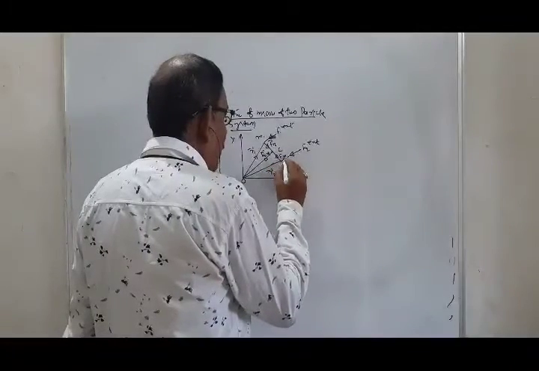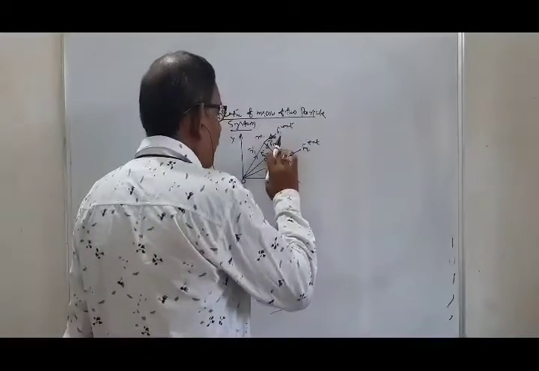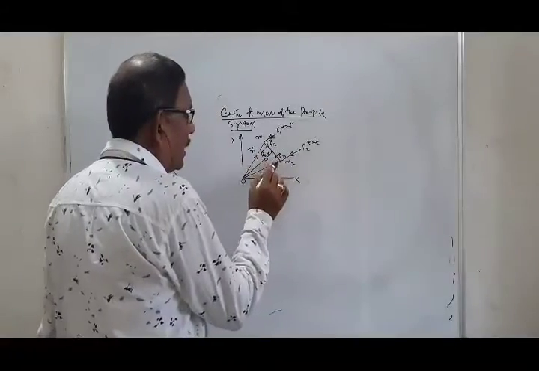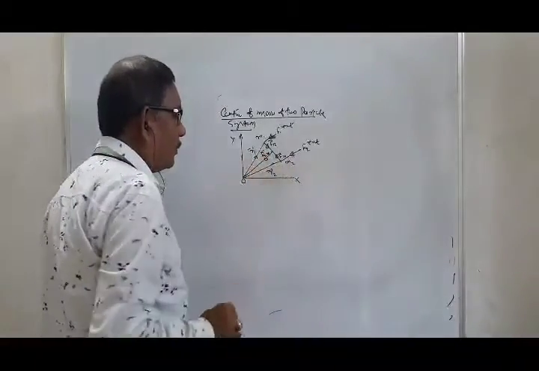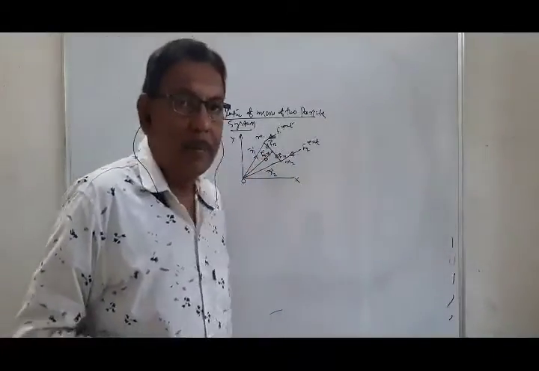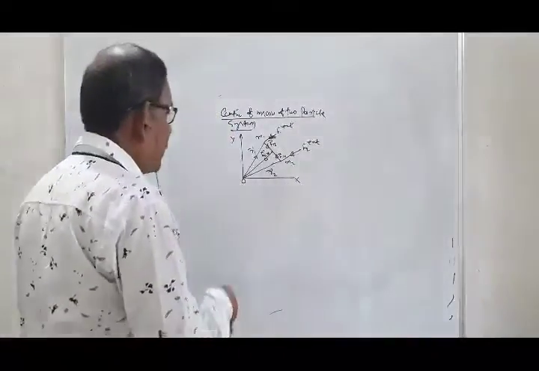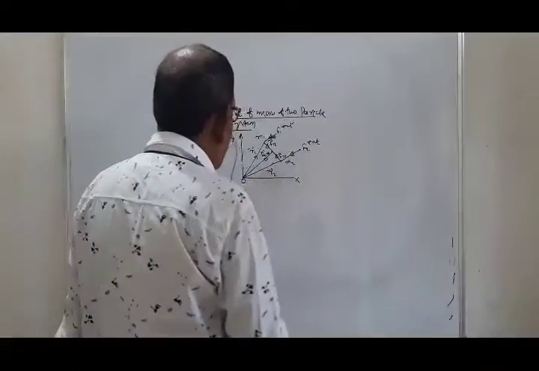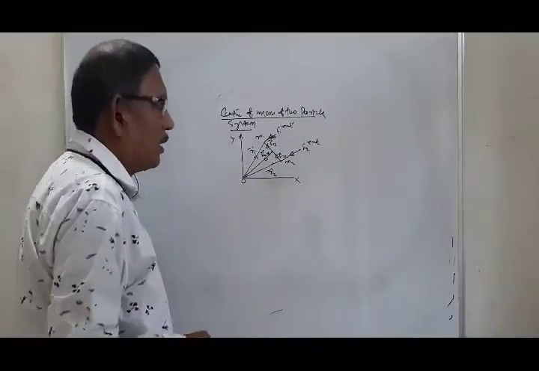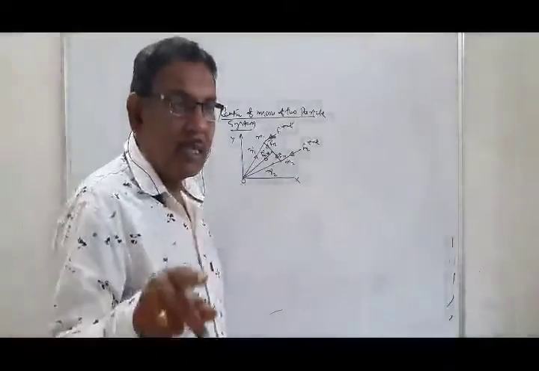F21 acts in the reverse direction of F12. The sum of F12 and F21 equals 0. So this is the figure of the two particle system to determine the position vector of the center of mass.